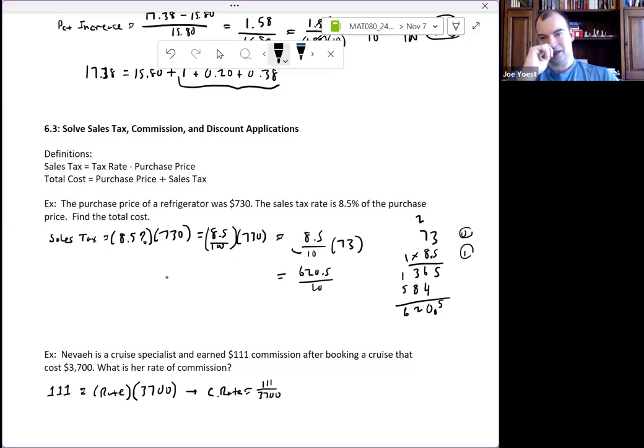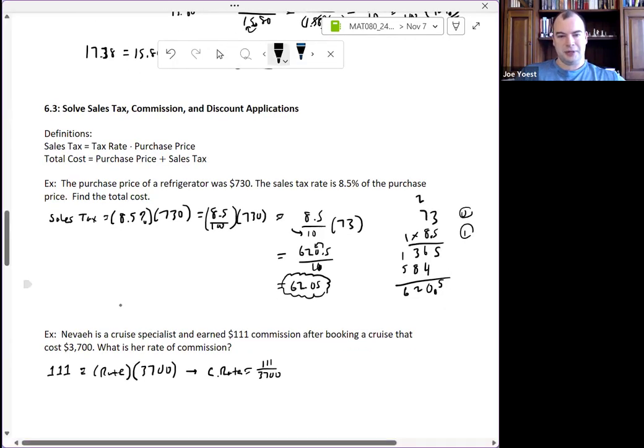That's still divided by 10. I still have my over 10 here to deal with. But all that over 10 does is bump my decimal point one more place to the left. So this is an intermediate answer. This is the amount of tax that I owe.